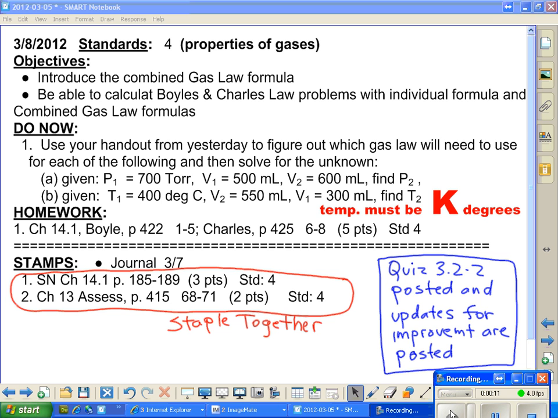And the first thing we talked about was quiz 3.2-2. It's posted, and the updates for the improvements, if you made any, are posted as well. So that is 100% complete now. So if you did really well on the first one and you got more than 50% on the second one, we're talking about quiz 3.2 and 3.2-2.